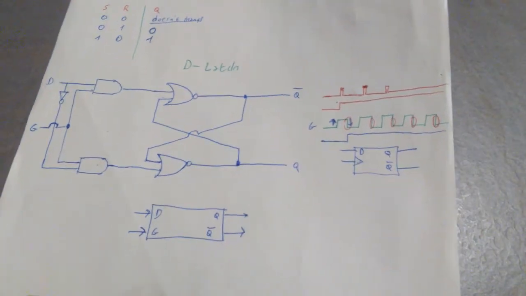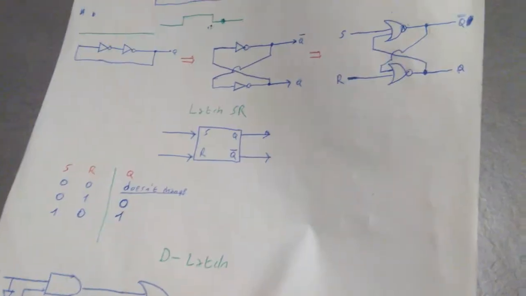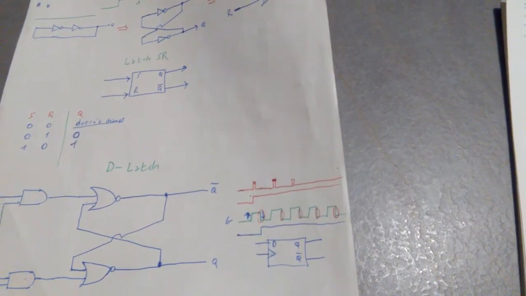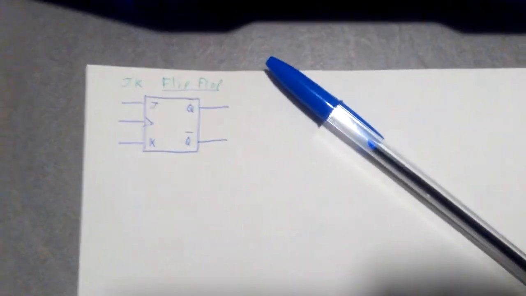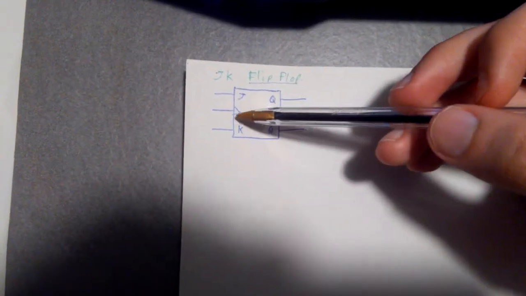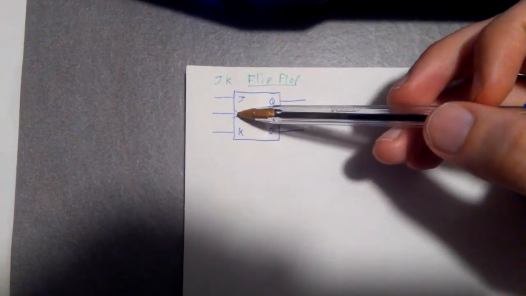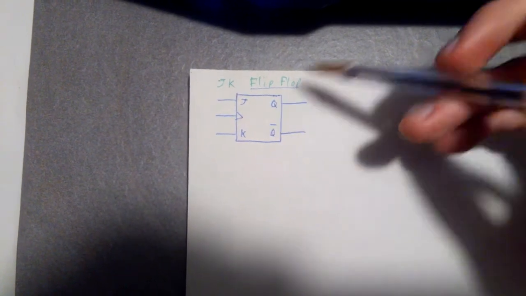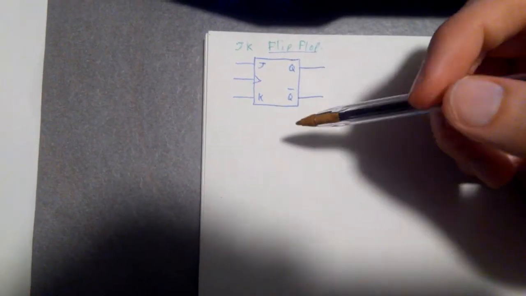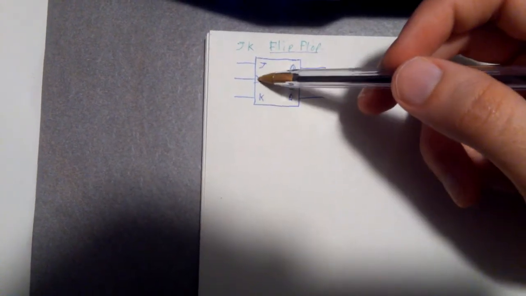We might have something like an enable pin, like in the D latch, but as long as the enable pin was high, we would change the output. But with a JK flip-flop, the output is only going to be valid on the clock edge, when we sample the J and the K values.